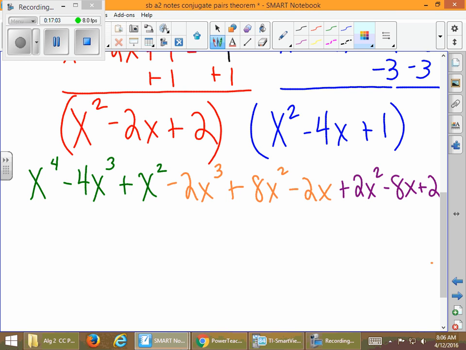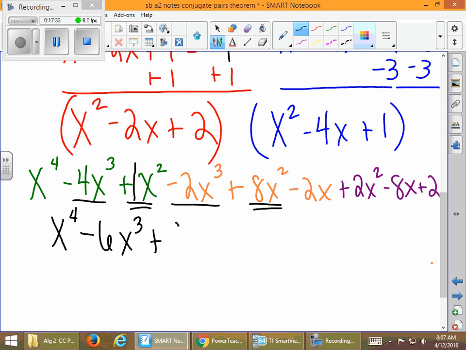And when we combine our terms, we will end up with our 4th degree polynomial that has our given roots. So we've got x to the 4th minus 4x cubed minus 2x cubed is minus 6x cubed. Don't forget that there's a 1 in front of that x squared, but 1x squared plus 8x squared is plus 9x squared.